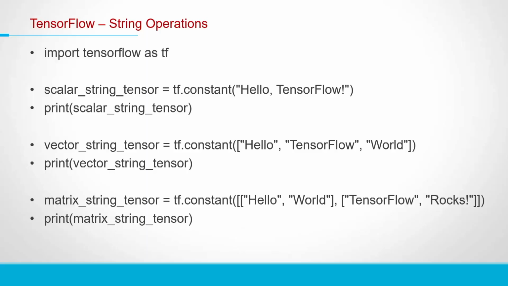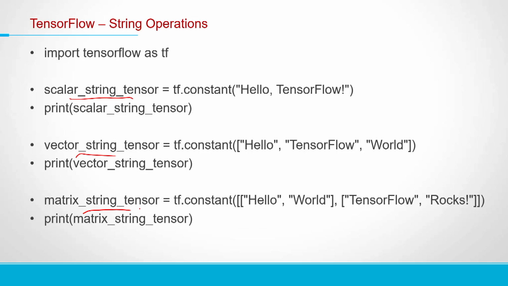Now, moving on to how string operations take place in tensors. To give an idea of how it can be utilized for string operations, I have taken a scalar string tensor, a vector string tensor and a matrix string tensor.